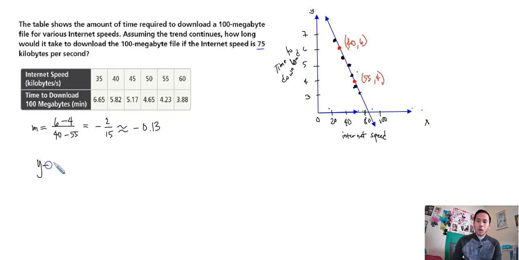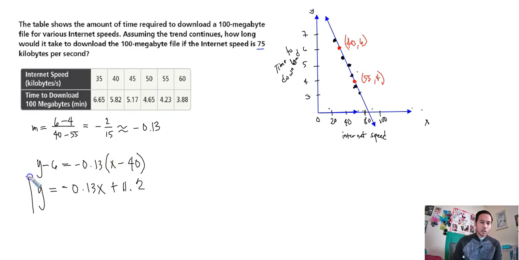So we have y minus 6 is equal to negative 0.13 times x minus 40. That will give me y is equal now to negative 0.13x plus 11.2. Okay, this is our equation.